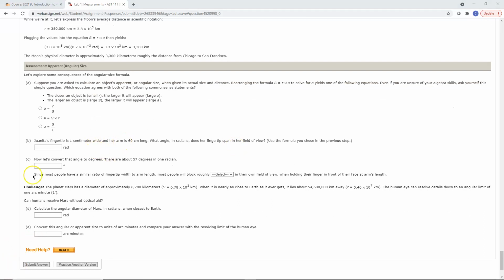So here is asking about Juanita's fingertip. If you hold your fingertip out, take your left hand, hold your index finger out, that should be about 1 degree wide, okay? Well, Juanita's fingertip is about 1 centimeter wide, right there, okay?